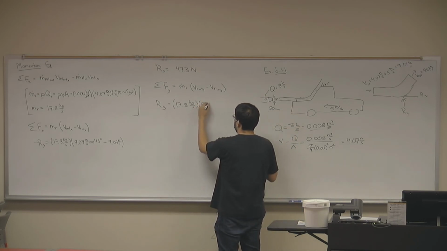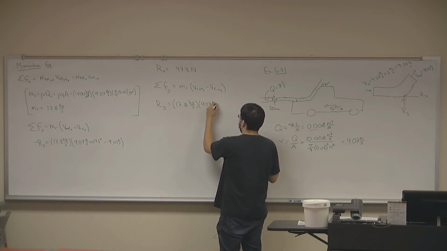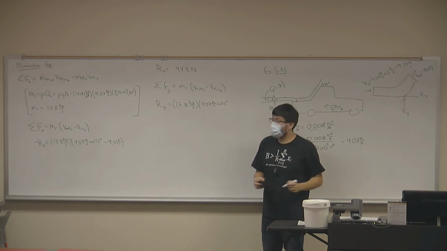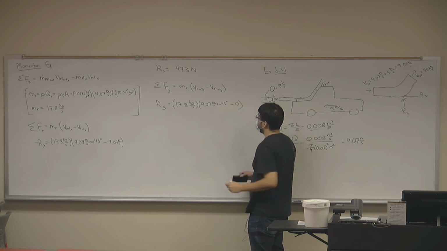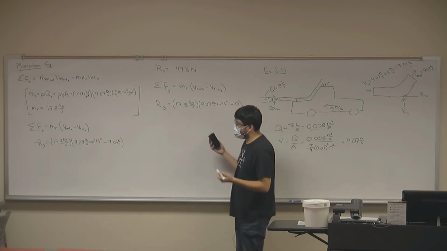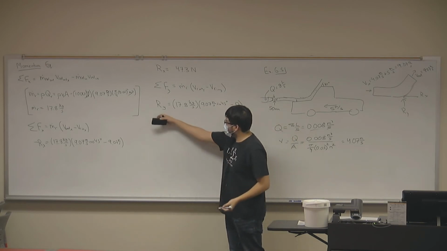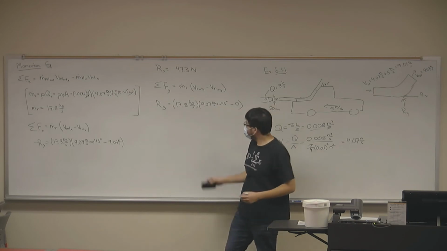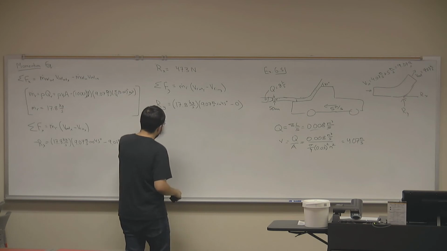Yep, 9.07 meters per second times sine of 45. What's my inlet velocity? 0. Good. And you get again the same equation that we derived earlier: Ry equals m dot times v times sine alpha. It's the same equation.